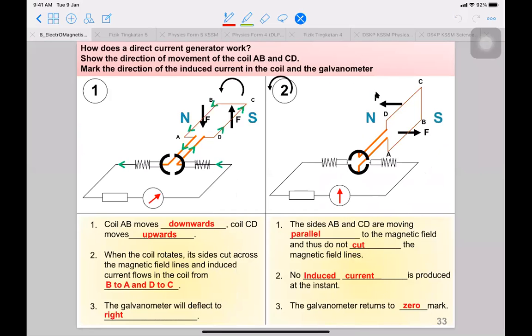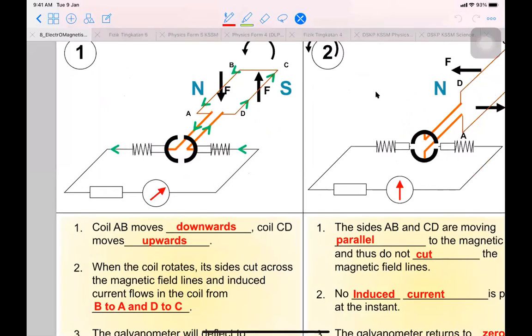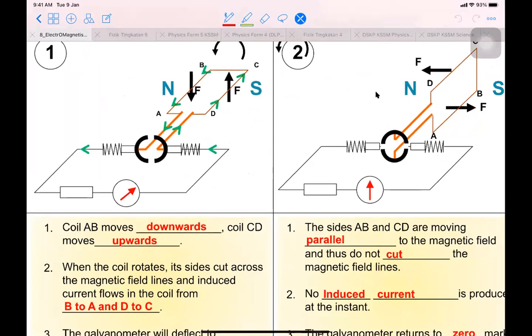Okay, so we look at the step yang sana dalam itu DC generator one by one. Okay, so in number one, yang step number one dulu kan, we look at this one first on the left hand side.